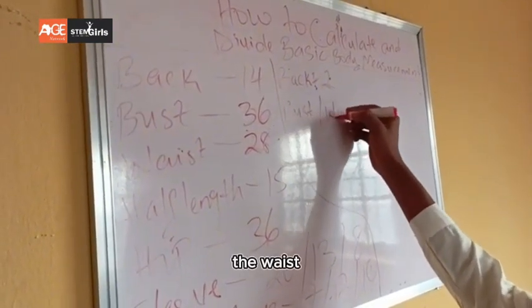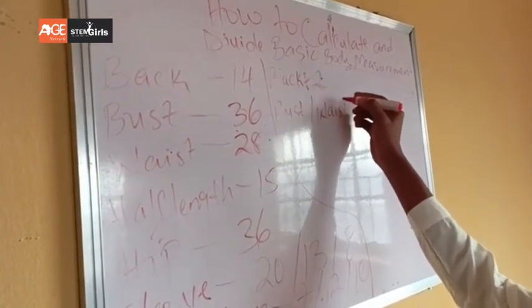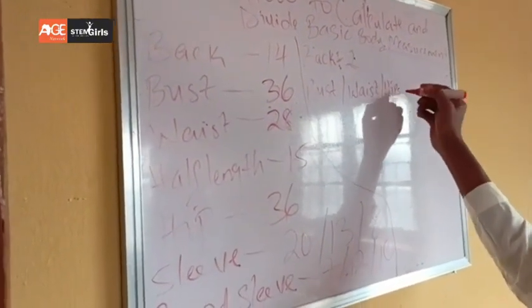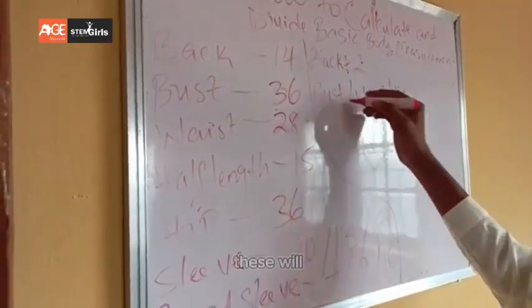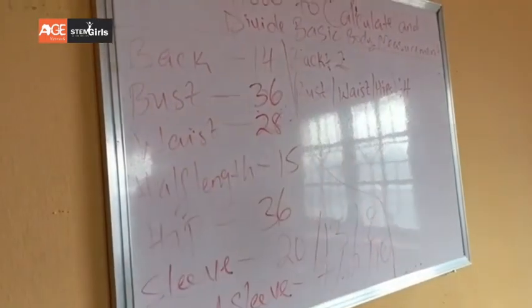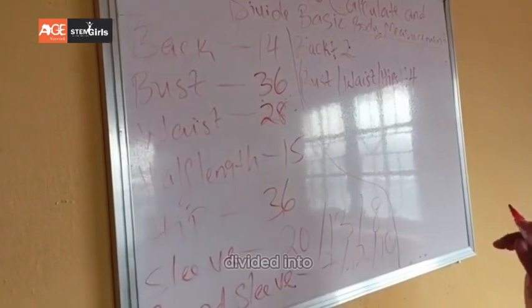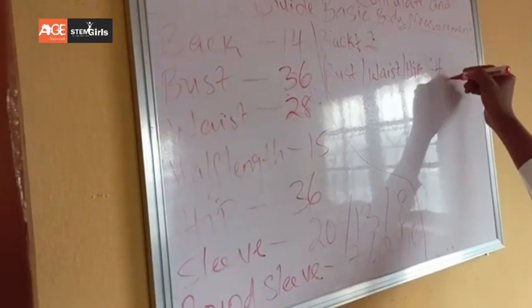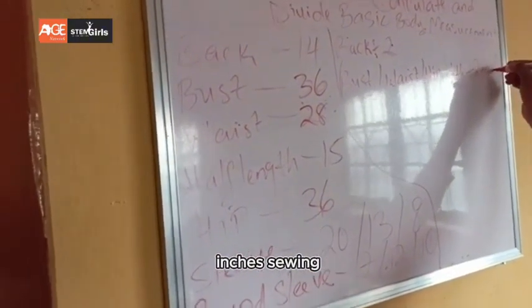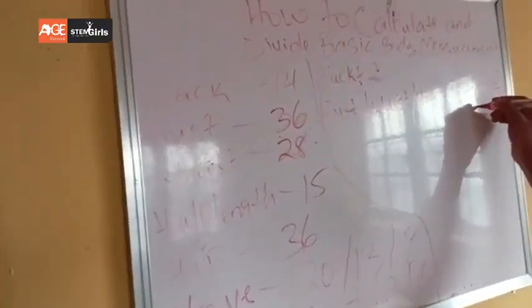But for the bust, the waist, the hips, all of these will be divided into 4 places, plus 2 inches sewing allowance.